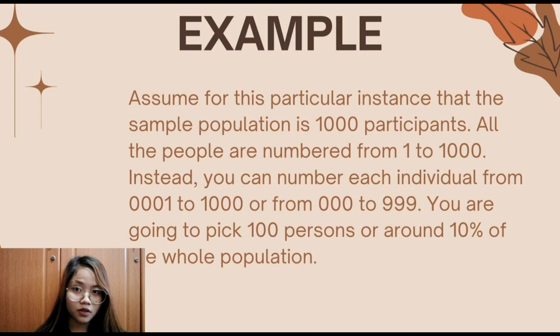For example, assume for the particular instance that the sample population is 1,000 participants. All the people are numbered from 1 to 1,000. Instead, you can number each individual from 1 to 1,000 or from 000 to 999. You are going to pick around 10% of the whole population.